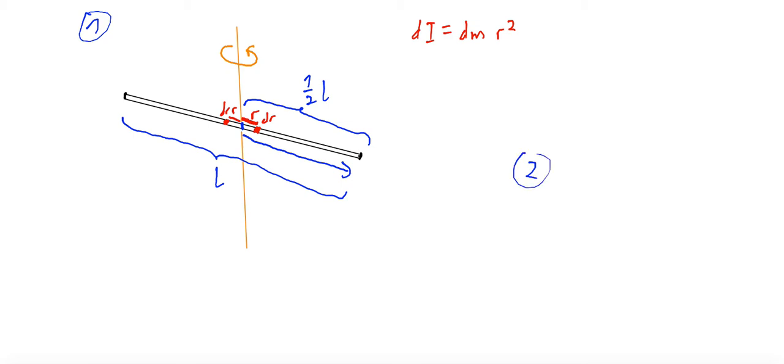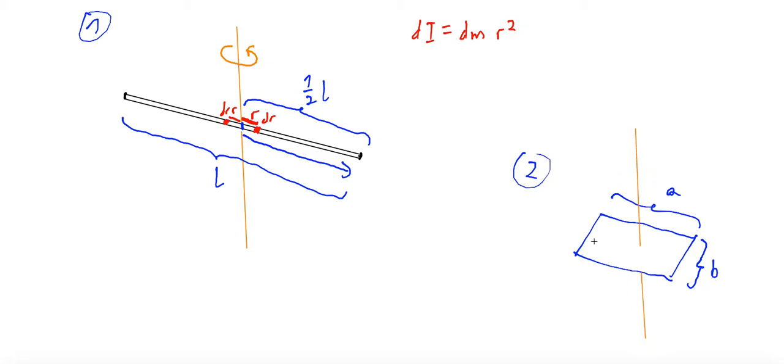Activity number 2 is of a plate. Let's imagine that you have a plate of side A and side B, which are given, and you have an axis which passes through the center of mass of the plate. The plate is of course uniform, so the plate is rotating along this.